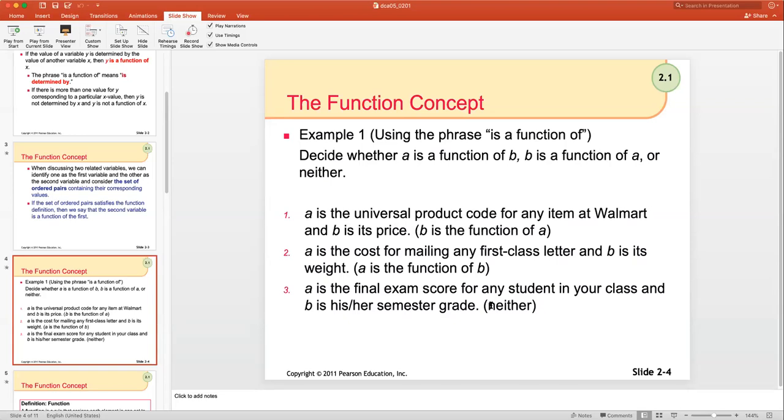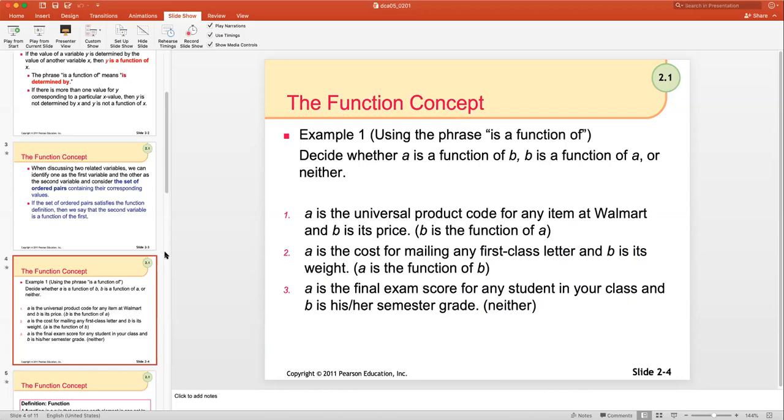Definitely the final exam score will affect your semester grade, but it is not the only factor. Not only the final exam, but also the midterm exam, assignments, and quizzes, a lot of factors. So B is not a function of A, and A is not a function of B. The answer is neither.